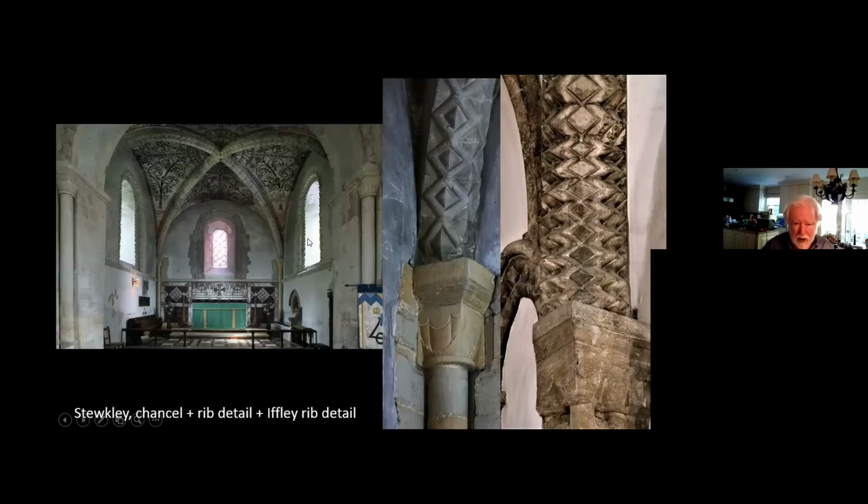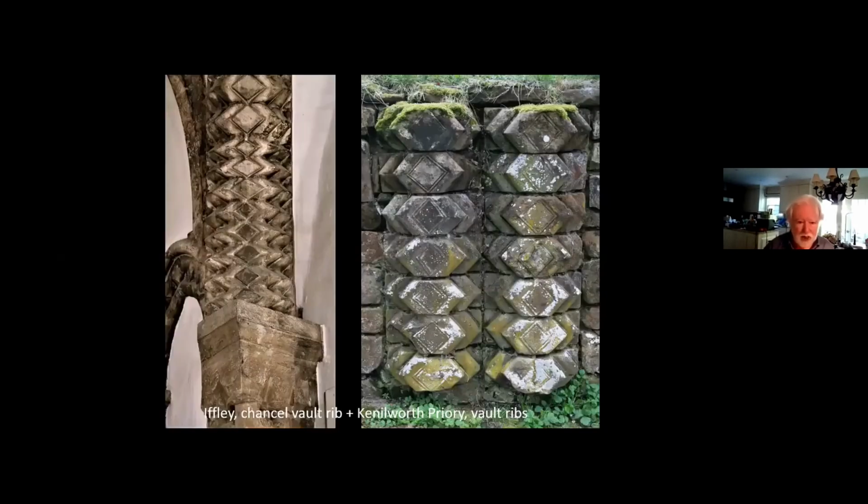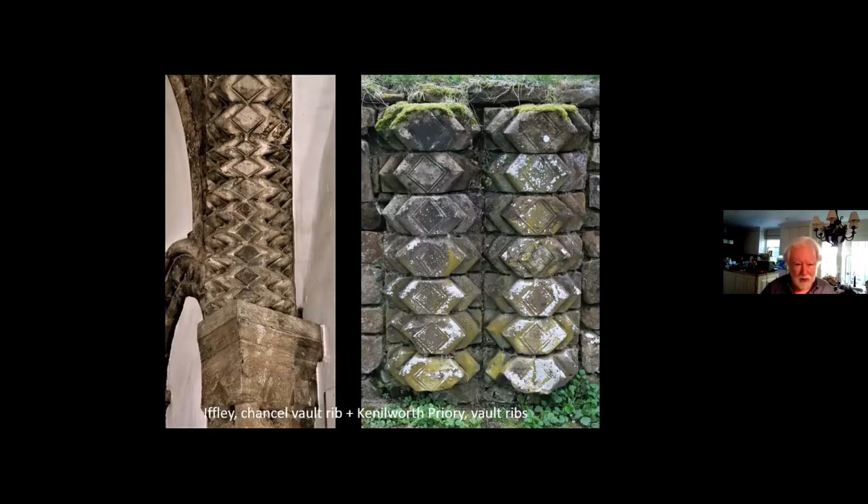I am running in to detail the rib, so chevron ornament, but different from the detail of chevron that we have at Iffley, which is currently on my screen hidden by our thumbnails, but you will see it there on the left. That's it, beautiful chevron. And this is something to pay particular attention to. That is identical to what we find at Kenilworth.